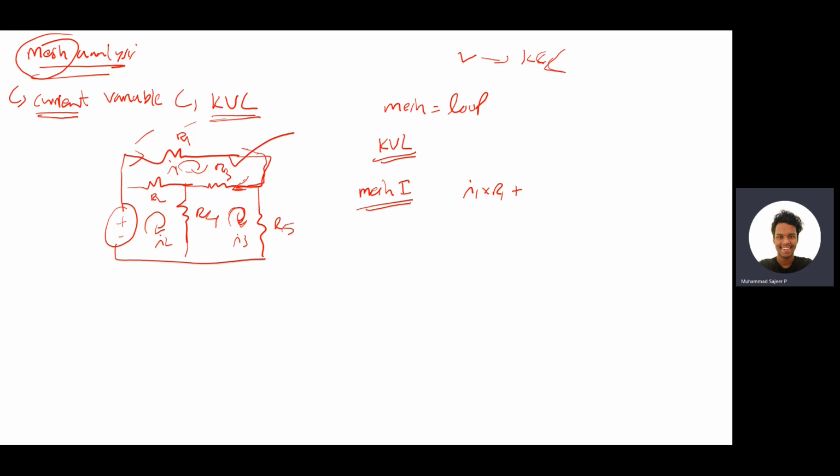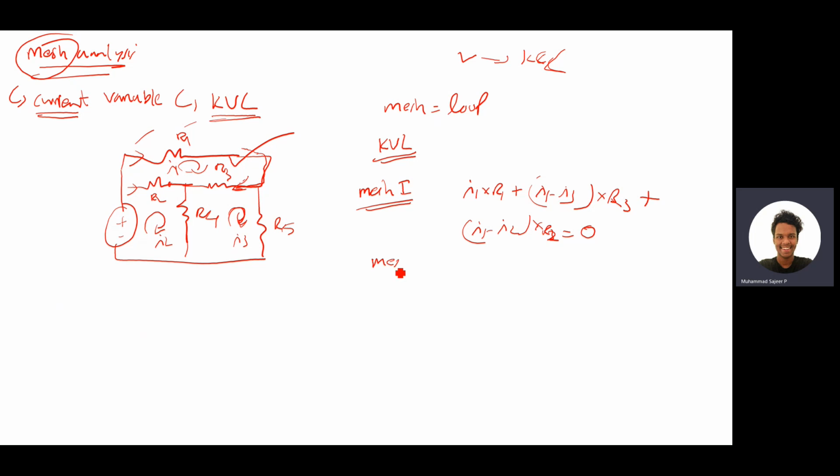So we will have (I1 minus I3) into the resistance R3, plus, when the current reaches here, I2 is coming in this direction, so it will be opposite: (I1 minus I2) into R2. The sum should be 0.